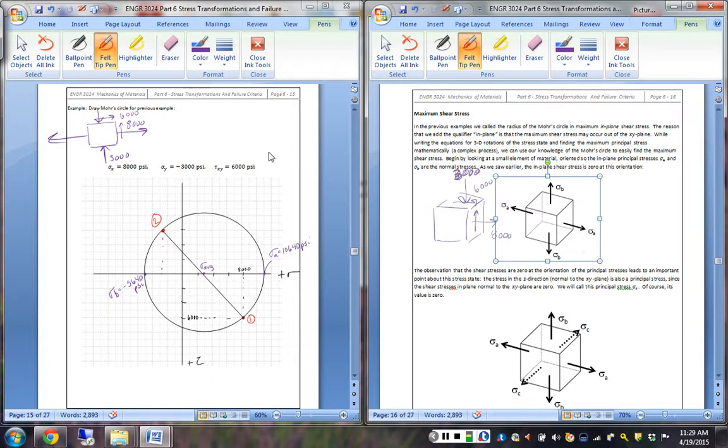And we do the Mohr's circle process, or find the principal stresses, to figure out the point at which the shear stress is 0.